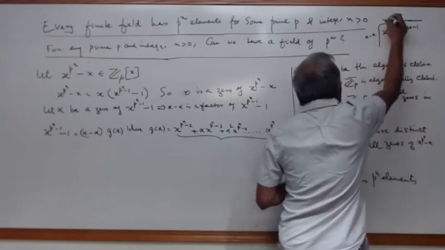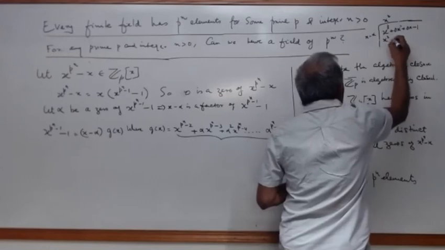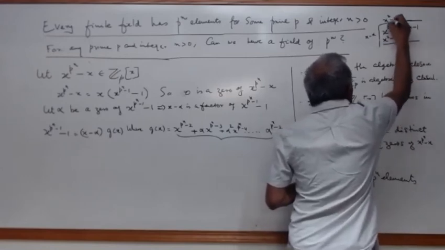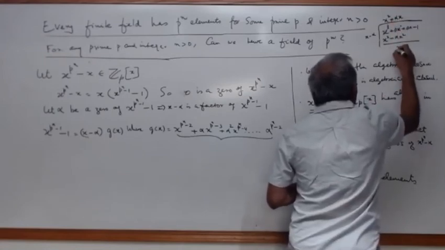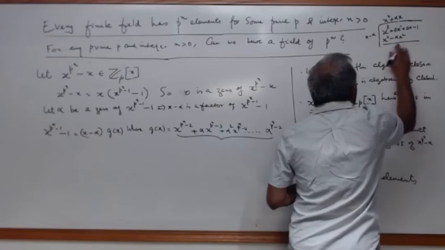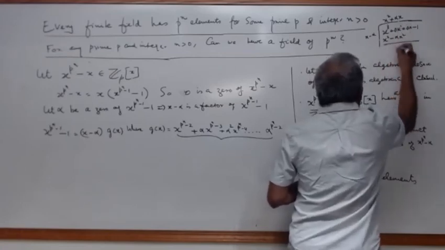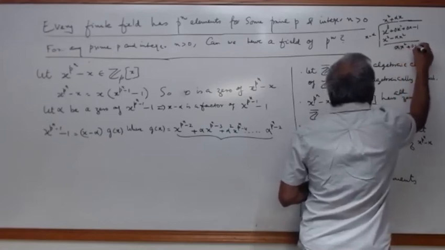So this is x square. So x cube minus alpha x square. So plus alpha x square, plus 0 x.